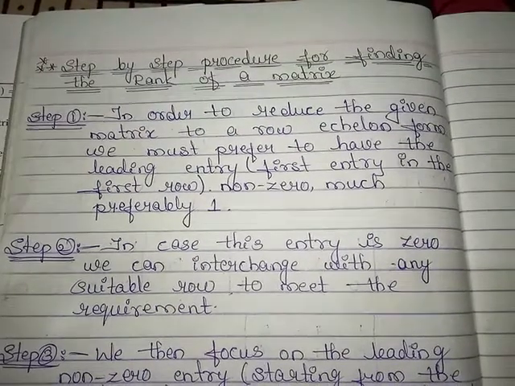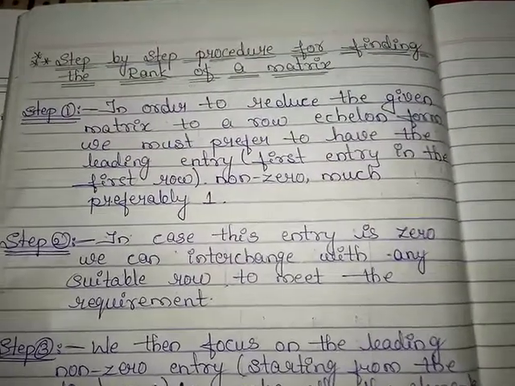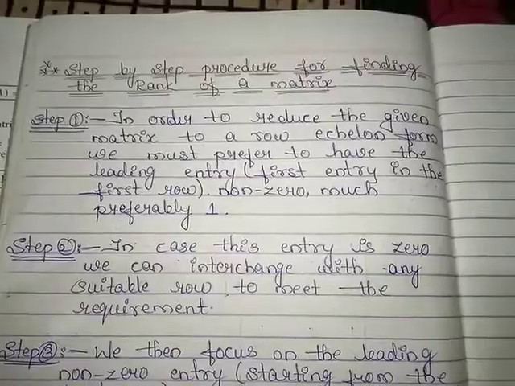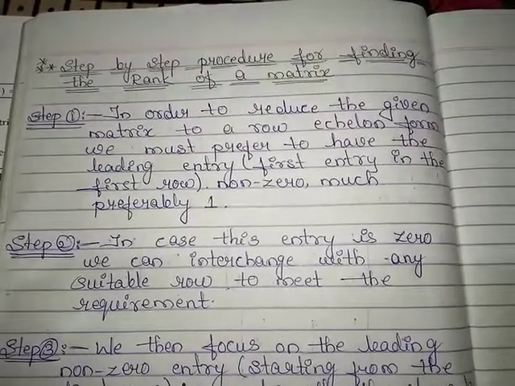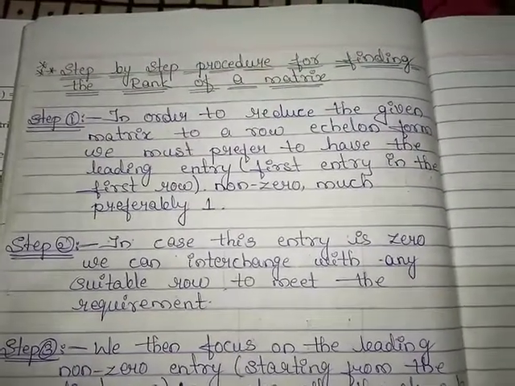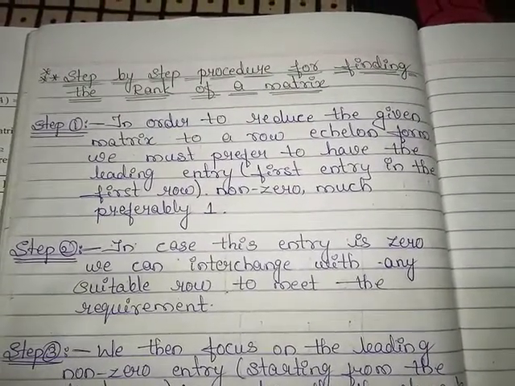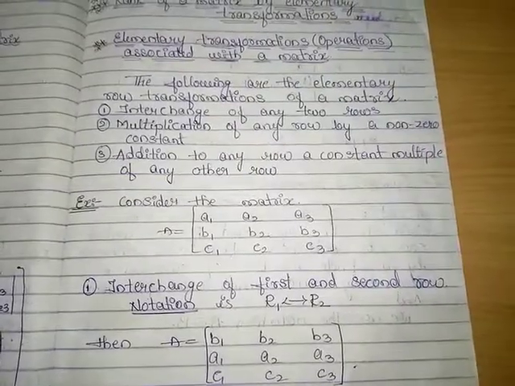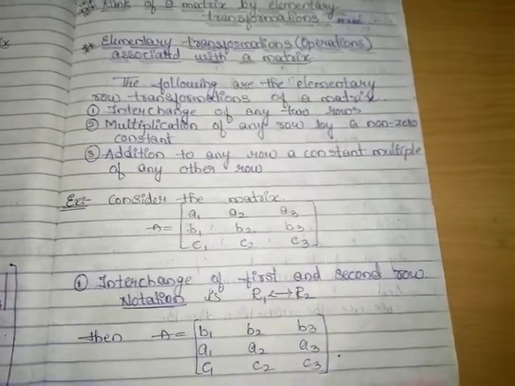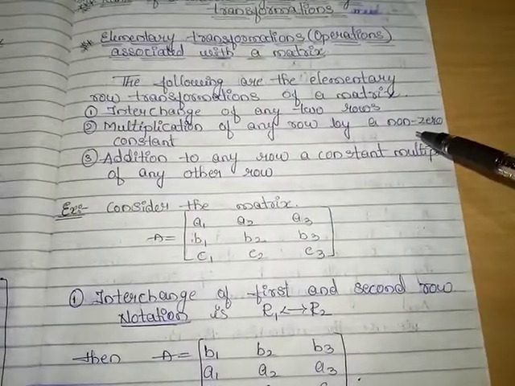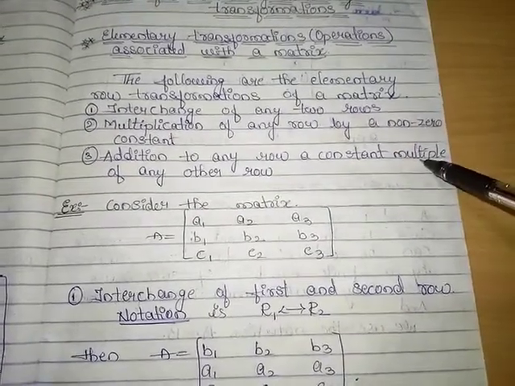Hello everyone. In the last lecture, I started one of the main concepts of your syllabus, that is rank of a matrix by elementary transformations. In that lecture, I explained that elementary transformations are operations associated with a matrix, and the three different elementary row transformations for a given matrix.